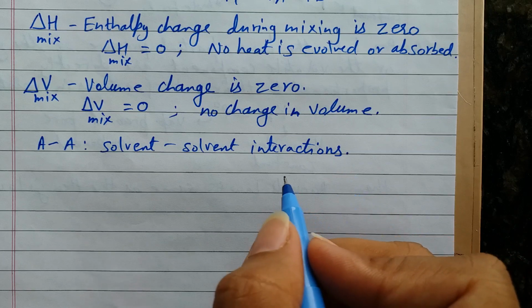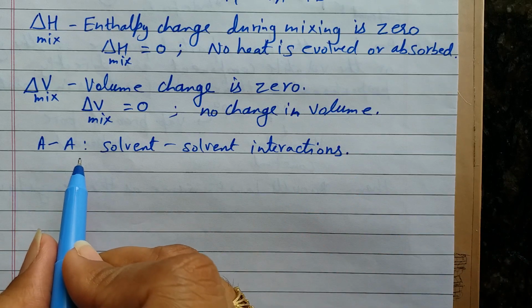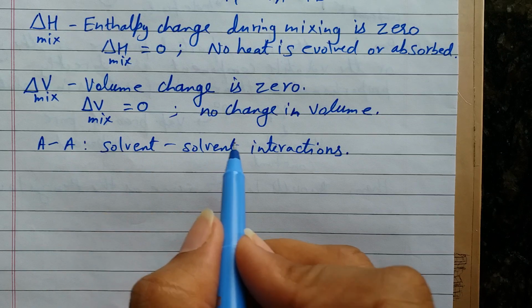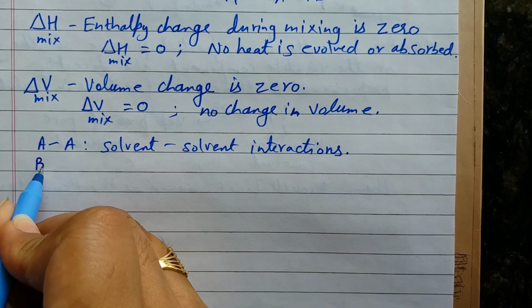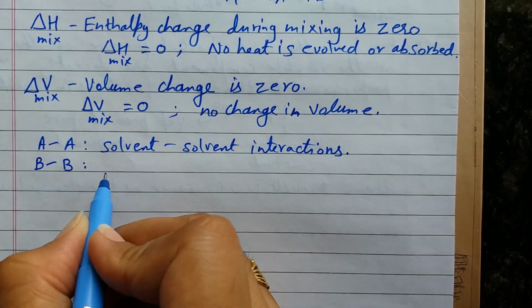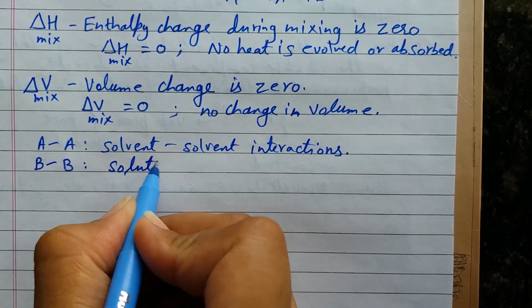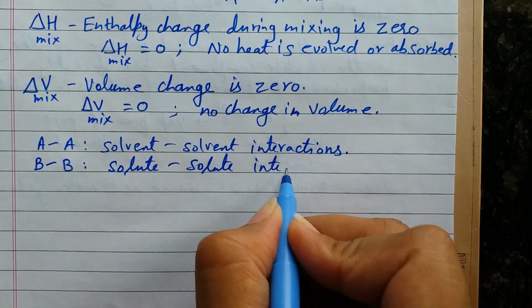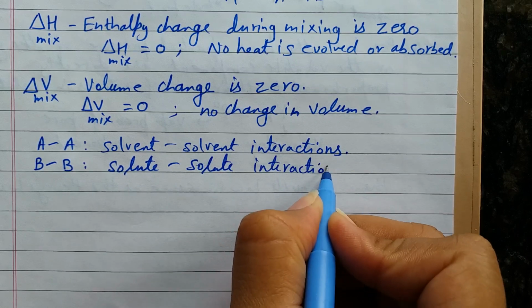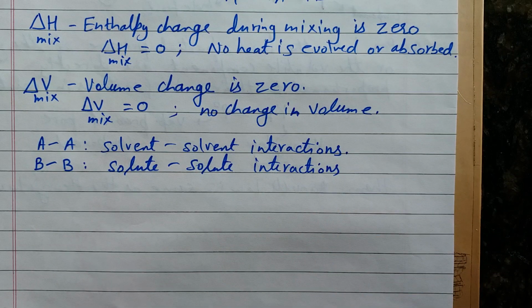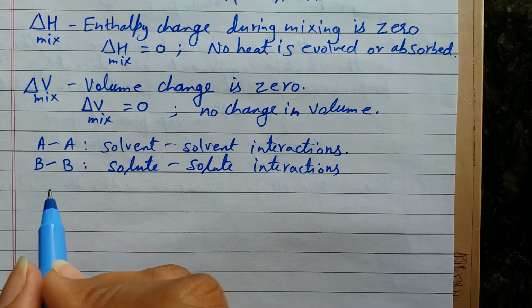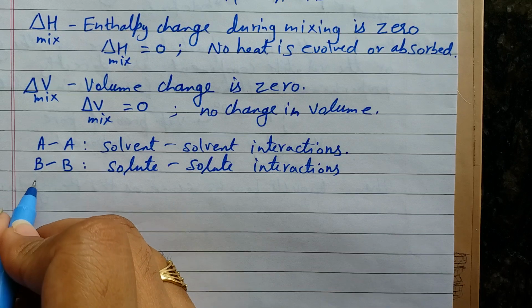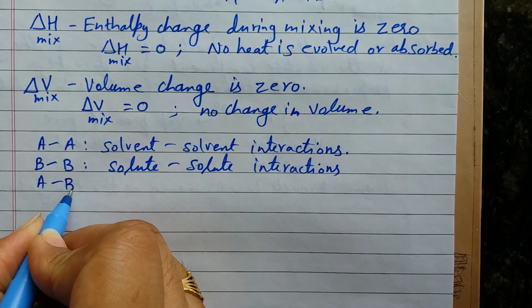Likewise, BB represents the solute-solute interactions. So the solvent will have solvent-solvent interactions, the solute will have solute-solute interactions, and when you mix the solvent and the solute to form the solution, a third type of interaction results, and that is AB.